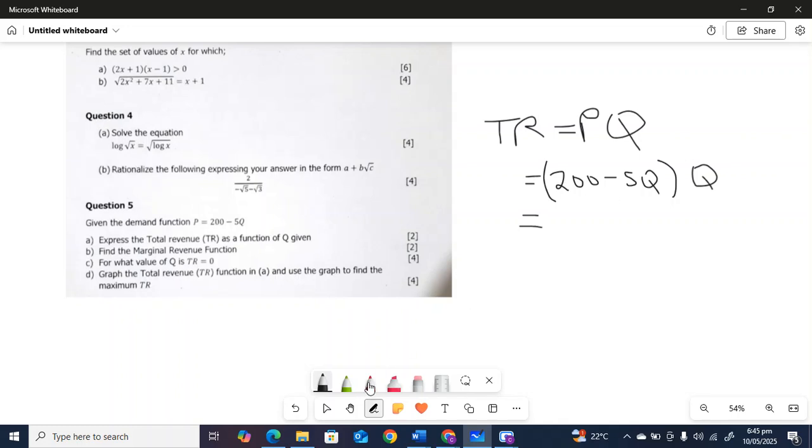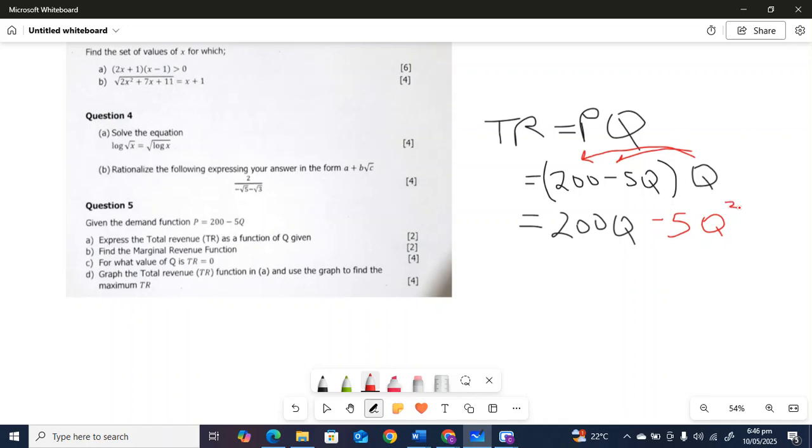So we expand. Q times 200, we get 200Q. Q times negative 5Q, you get negative 5Q squared.